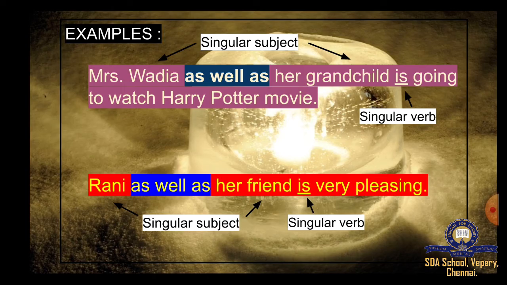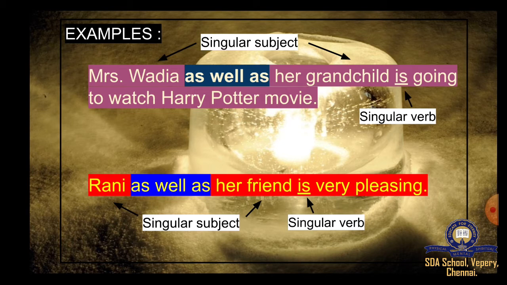So let's see an example. Mrs. Wadia as well as her grandchild is going to watch Harry Potter. So here we see Mrs. Wadia and her grandchild, that is two singular subjects and as well as. So we have a singular verb, that is, is. Second example, Rani as well as her friend is very pleasing.